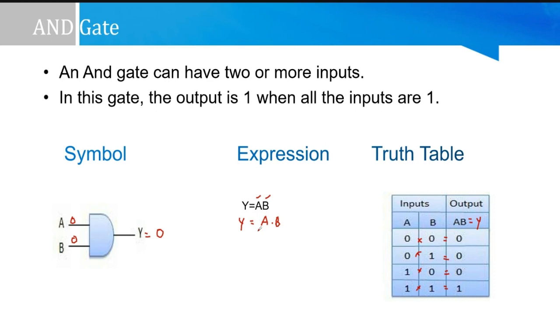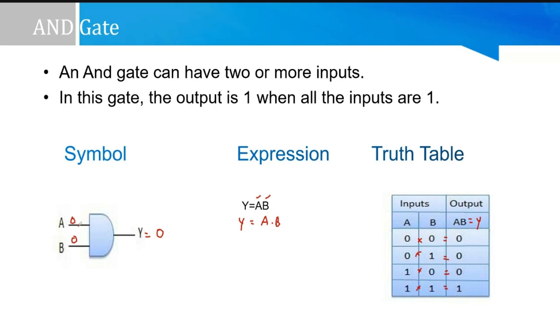See, the operation of the AND gate is that it will do the logical multiplication. It will give the output whenever both the inputs are high. But it is not that it provides output only when both are high.